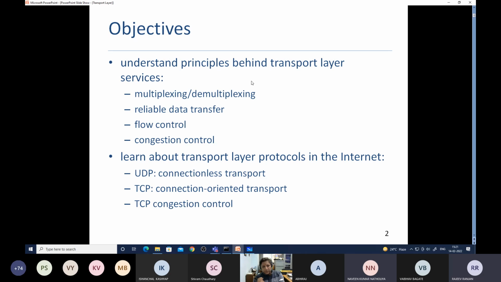That's what we are going to see in the congestion control part of the transport layer. Basically, we'll see three aspects: UDP, which is connectionless transport; TCP, which is connection-oriented transport; and in connection-oriented transport, we'll see TCP flow control and then TCP congestion control.